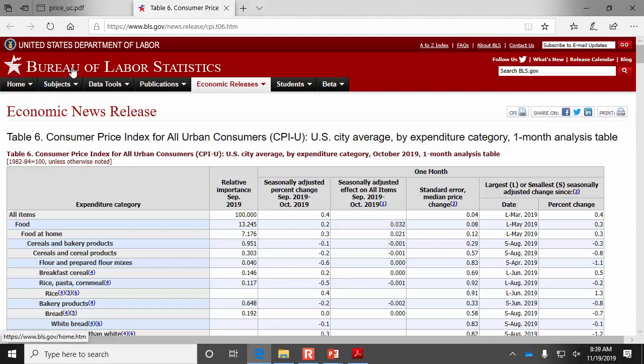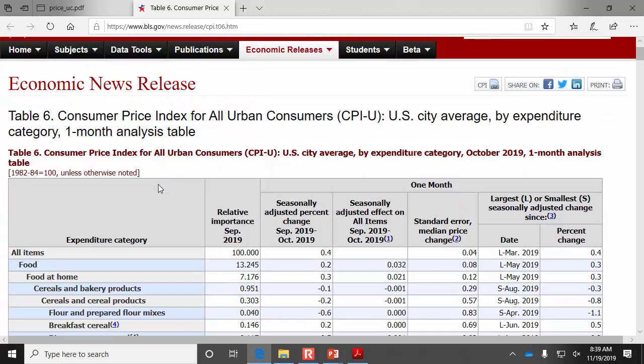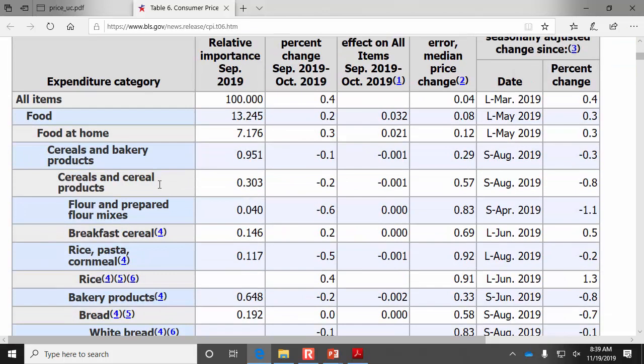The Bureau of Labor Statistics, a government agency, has the cost of living broken down into categories like food, and they're saying that 13% of the average American's budget goes towards food. Out of 100, 13 goes to food, and they've broken it down into food you eat at home versus food you eat at restaurants. They have all of these categories, and they know on average what percentage of people's income gets spent on each of them, and then they track how the prices have changed from month to month.